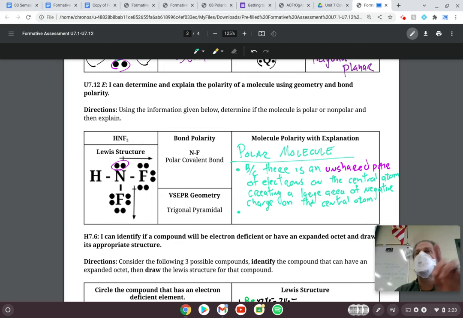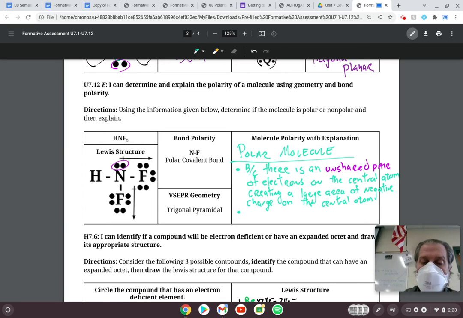The other reason why this is a polar molecule is because the dipole arrows don't cancel out. So none of the dipole arrows cancel.